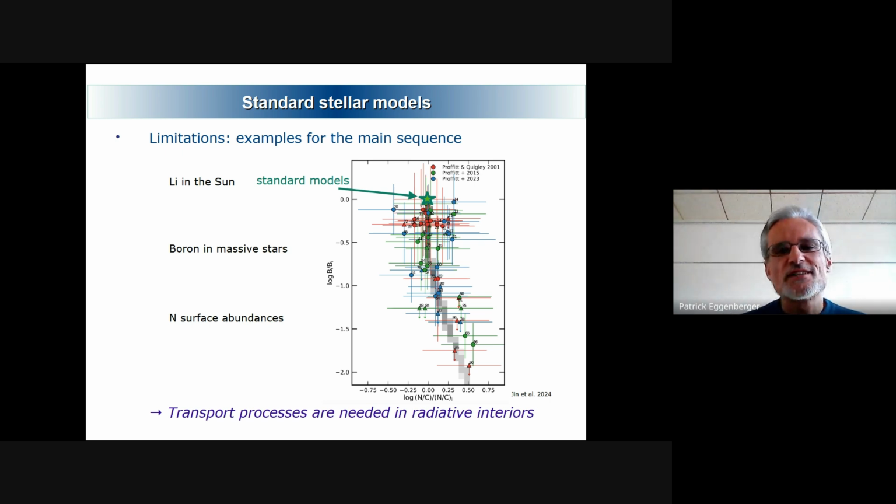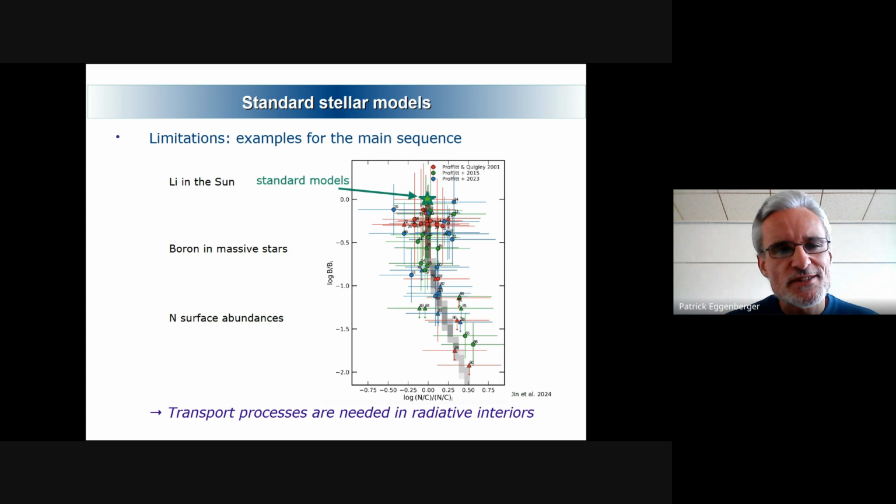So the first idea is to say, okay, why do we need to take into account rotation or magnetic fields? The basic idea is the following. If we are looking at a standard stellar model, for instance, for a B-type star, so a massive star, we think about 10 or 15 solar mass stars.